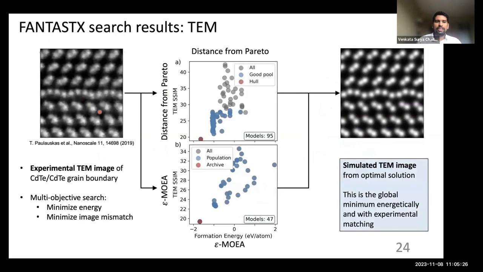So after performing the FANTASTX search, using both the objective functions, we plot the objective function values of all the data points on objective function 2 and objective function 1. And we can see there is clearly one data point which is minimum in both axes. So we don't have a Pareto front in this particular example, because our solution, which matches the experimental TEM image, is also a thermodynamically stable structure. And we were able to find the same structure using both the searches with FANTASTX.